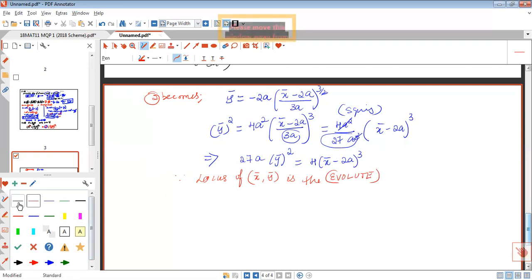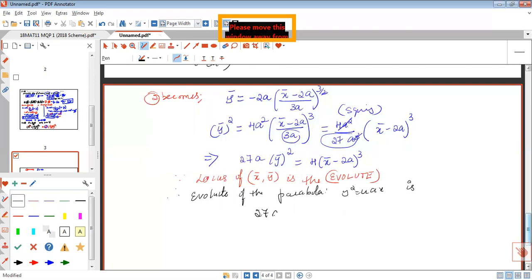Therefore, evolute of the parabola that is y square equal to 4ax is 27a y square equal to 4 times, replace this y bar as y because taking the locus, x bar by x because of the locus. Okay, x bar y bar we should change to x y. So 4 times x minus 2a to the power 3. So this is the evolute of the given parabola y square equal to 4ax.